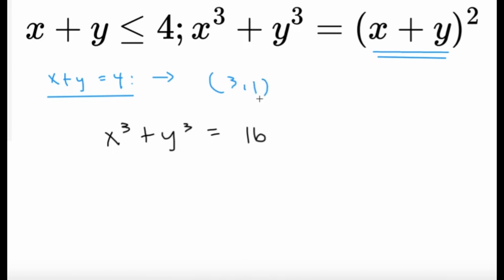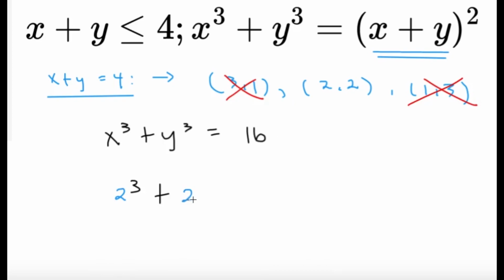The only possible ordered pairs are (3, 1), (2, 2), and then (1, 3). Now, (3, 1) and (1, 3) would make one of these two numbers 27, so that's pretty much impossible. And if we check (2, 2), we get 2 cubed plus 2 cubed, that's 8 plus 8, and that's indeed equal to 16. So we have one solution when x plus y equals 4, and that's the case where both x and y are equal to 2. All right, let's try to do the next case.